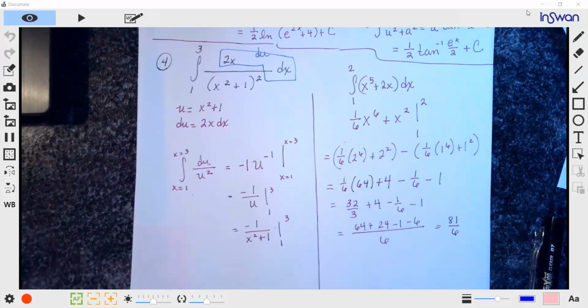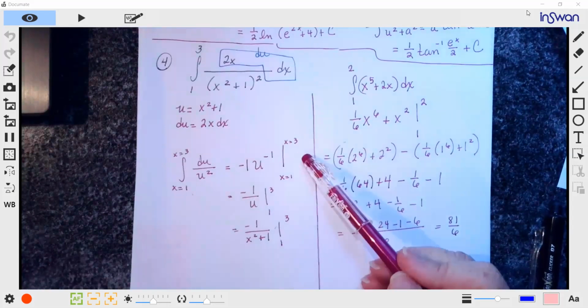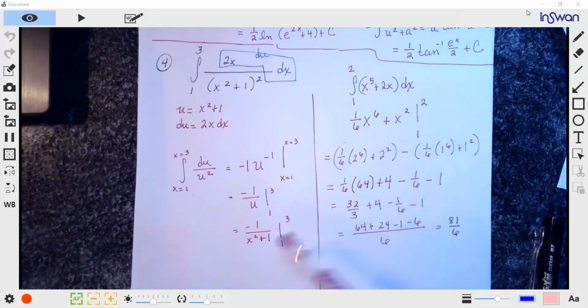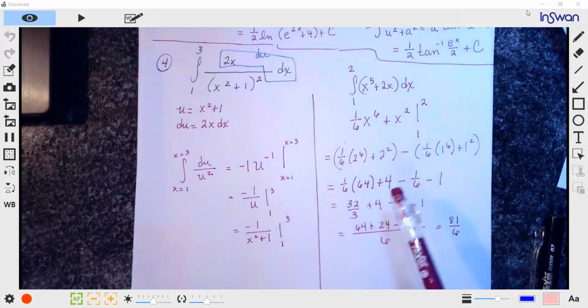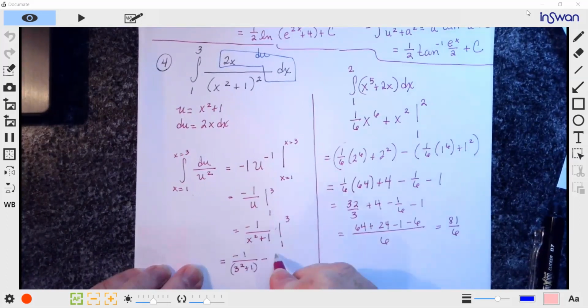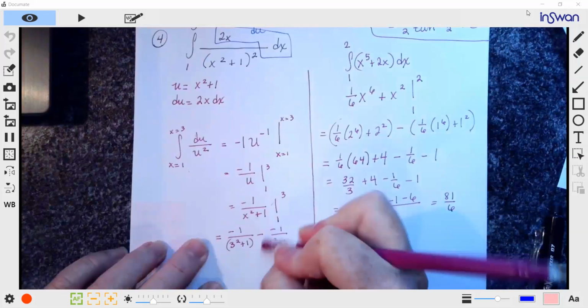Notice, I left my limits the way they started. So after I did the integration part, I had to back substitute what u was in terms of x, just like we did in our indefinite integrals. So at this point, I would plug in the upper limit and subtract what I get when I plug in the lower limit. Okay, oops, except I didn't plug it in there, did I?